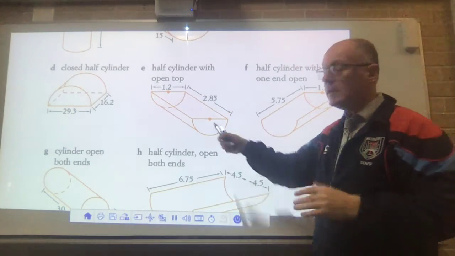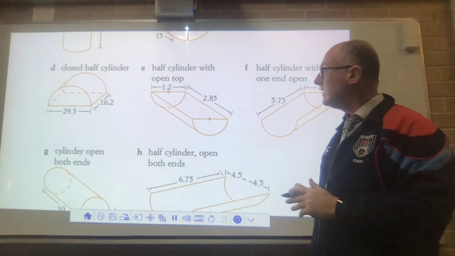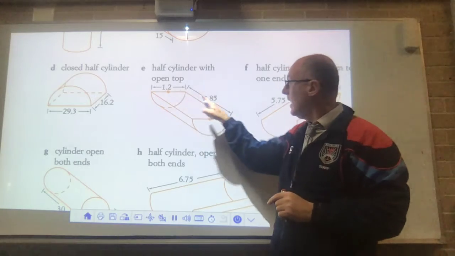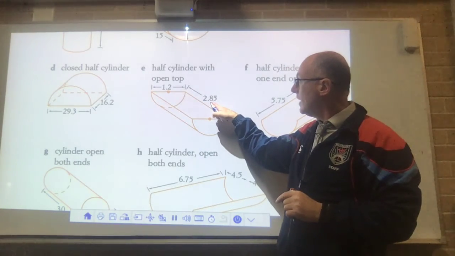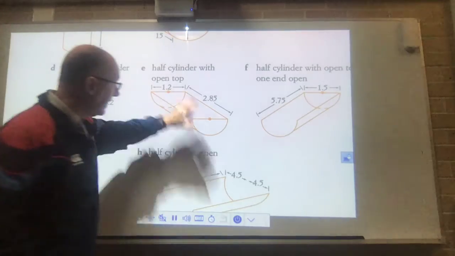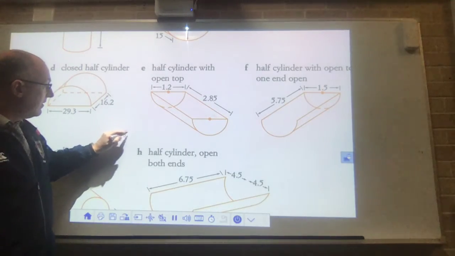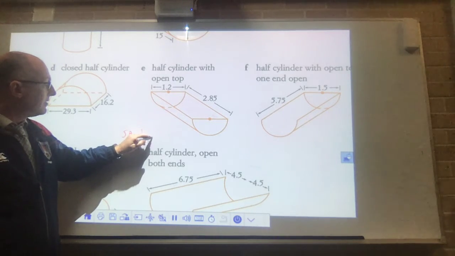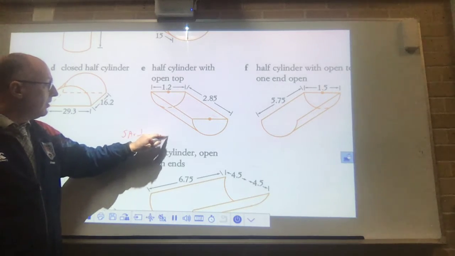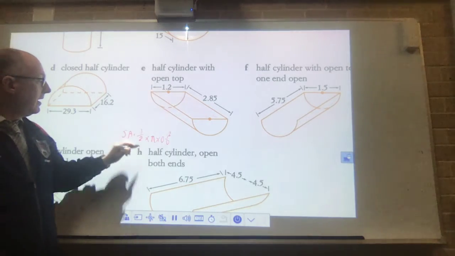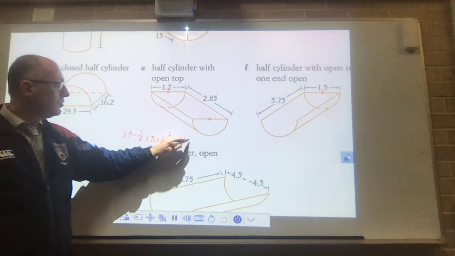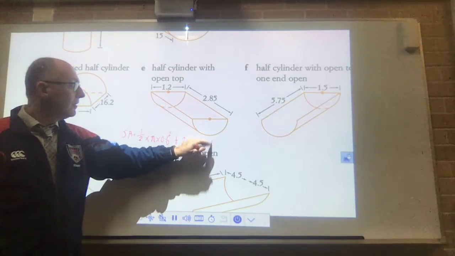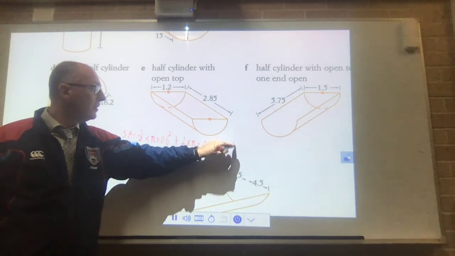So for this question, you're just finding the area of half a cylinder. The radius is 0.6, half of that, and the height is 2.85. So once again, forgetting about the top this time, the surface area is half a cylinder, half of pi r squared, pi times 0.6 squared, half of that, plus 2 pi r h, 2 times pi times 0.6 times 2.85.